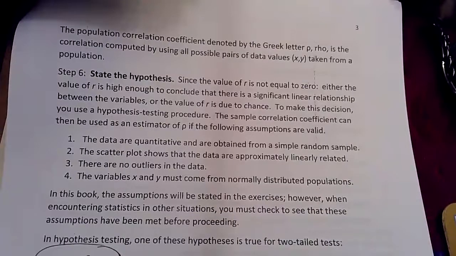So since the value of R is not equal to 0, yeah, and we got like 0.771, 771 thousandths. Either the value of R is high enough to conclude that there is a significant linear relationship between the two variables, or the value of R is just due to chance.